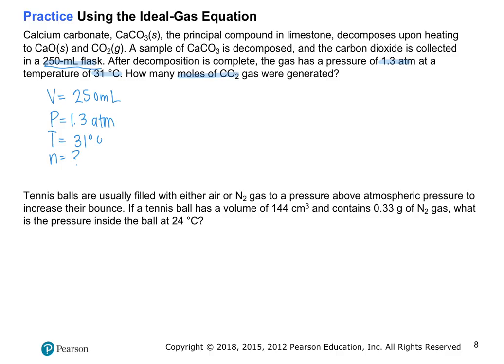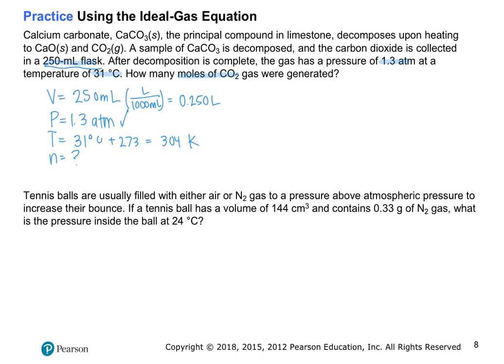So we want our milliliters to go to liters. So we're just going to divide by 1,000 milliliters per liter. So we get 0.250 liters of CO2. Atmospheres is the correct unit for pressure, so that's good. And then we're going to add 273 to get into Kelvin, so we get 304 Kelvin.